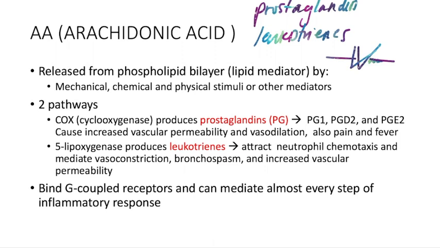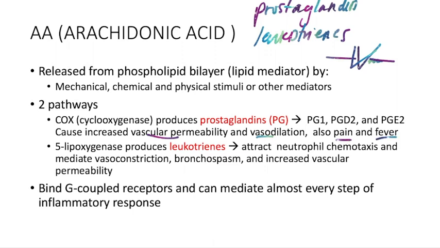It releases arachidonic acid, and we get two pathways by which we can get prostaglandins or leukotrienes. The first pathway is the cyclooxygenase pathway, or the COX pathway. This is the one that's going to produce prostaglandins. We have a number of them. Basically, prostaglandins are going to increase vascular permeability and vasodilation, and they're also going to give us pain and fever.